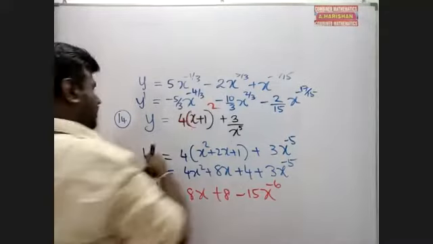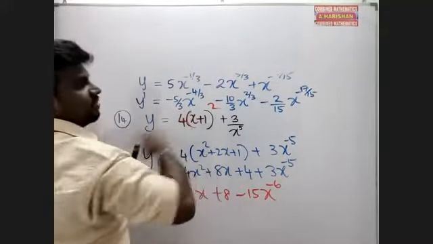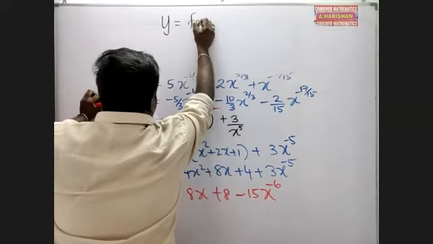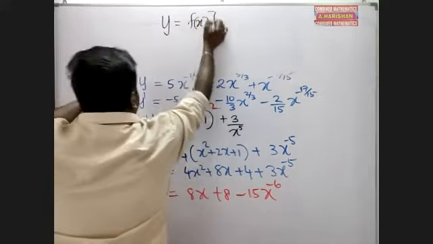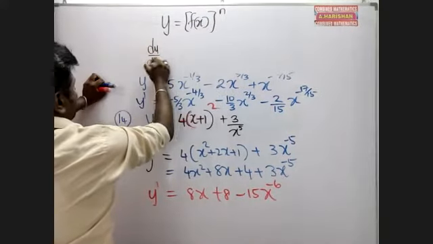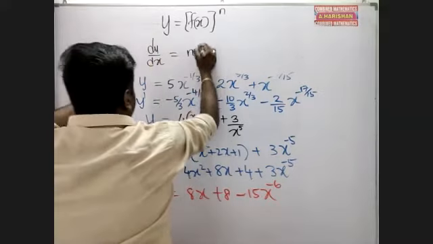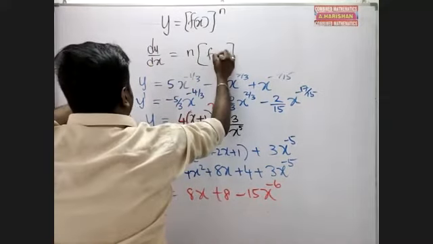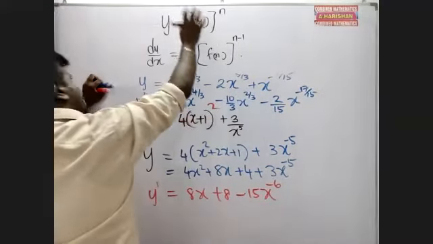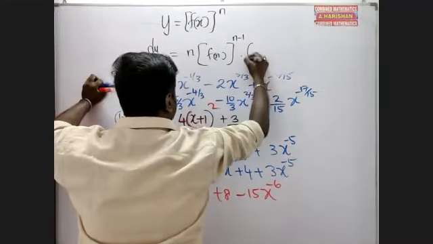That's rule number 2. Actually, it is the extended version of rule number 1. If y equals f of x to the power n, then write down dy by dx equals n, the power rule same as what we use, f of x to the power n minus 1, multiplied by the differentiation of f of x.